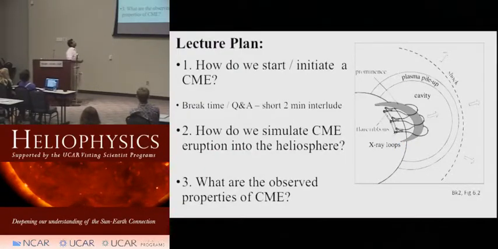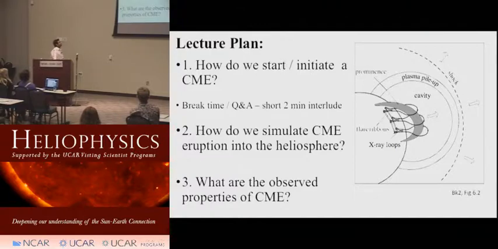The general structure I'm going to go through today falls under three main themes. Firstly, the problem of how we initiate the CME. I'm not going to go too much into the destabilization and all the instabilities, which Amitava covered earlier, but I'll give you some motivation for the models that we use to try to create these.